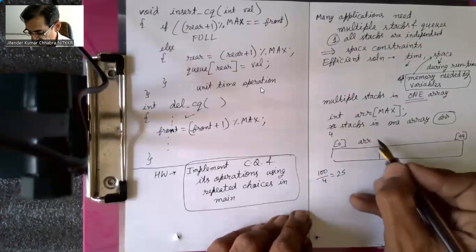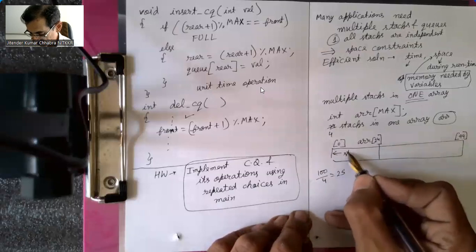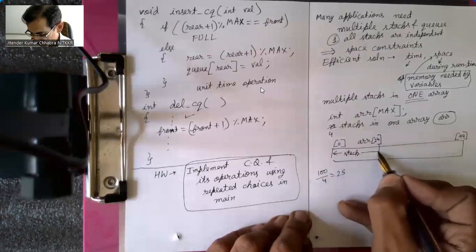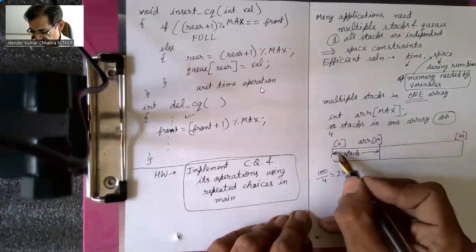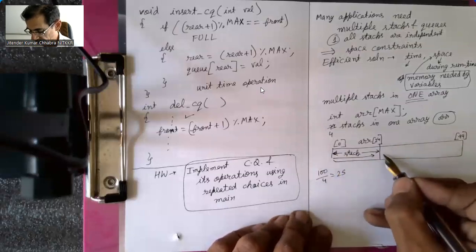So 0 to 24 can be your stack 1. So my stack 1 will grow in this direction, 0 to 24.